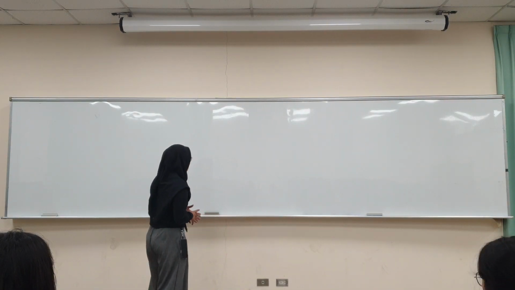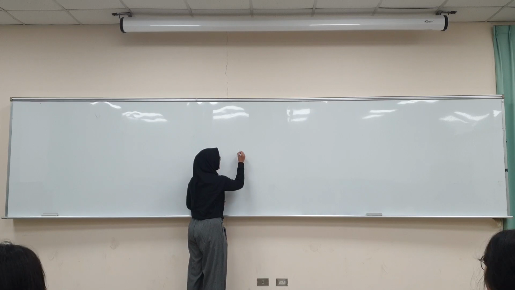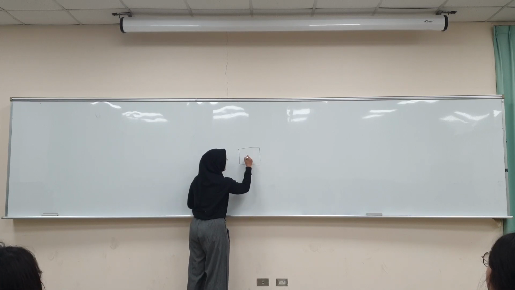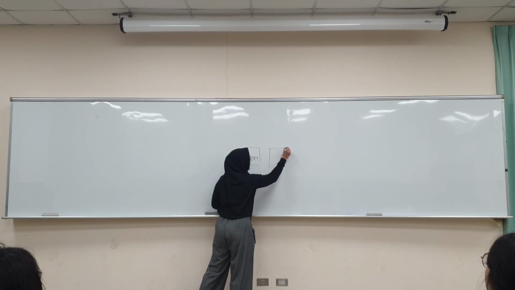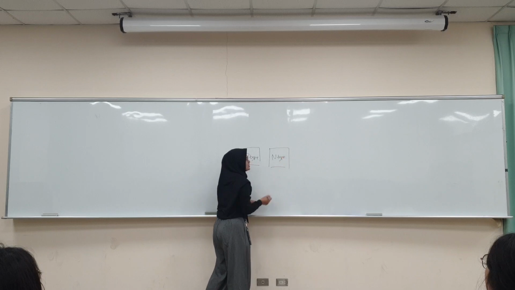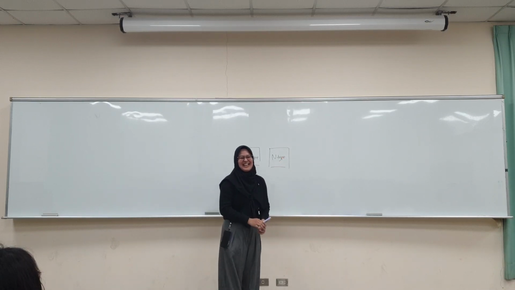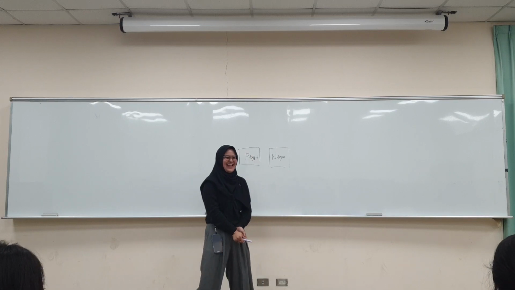So first, I think you guys already know what a PN junction is, right? So basically in semiconductors, we have the P-type semiconductor, and then we also have the N-type semiconductor. But just need to make a note, okay? Yes, it's just an introduction, Professor, it's okay.